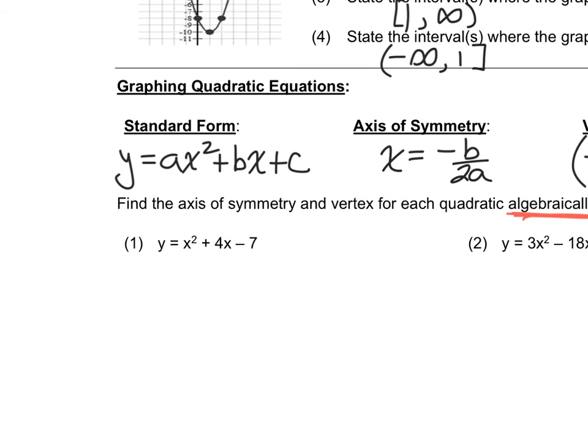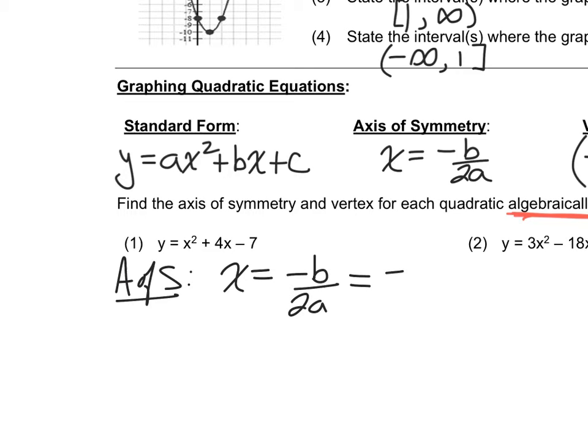All right, so x equals negative b over 2a, so A of S. X equals negative b over 2a. We know our model from the last unit because it's the same model that we used for the quadratic formula. So the a, b, and c values that you use to create the quadratic formula are the same a, b, and c values that you use anytime you're looking at a quadratic. So negative something over 2 times something.